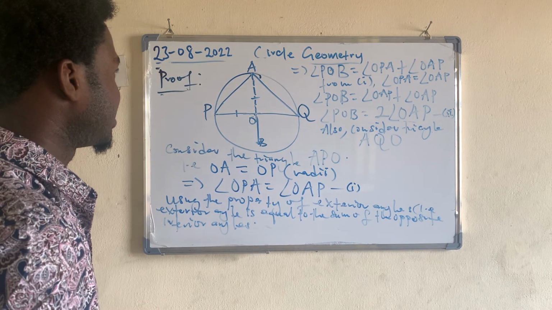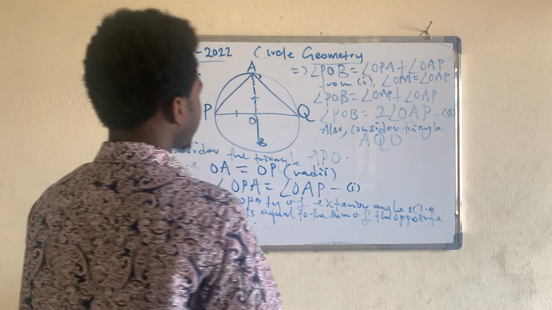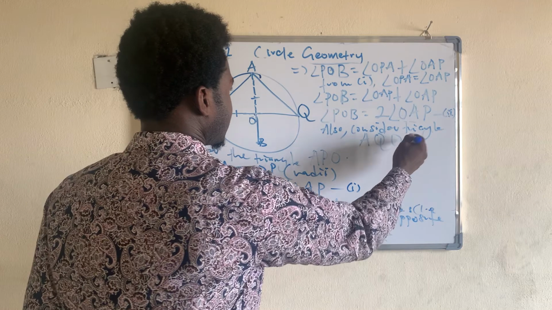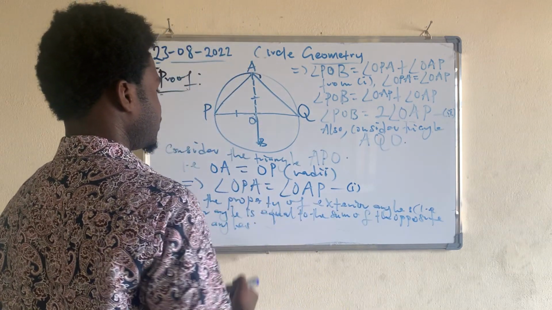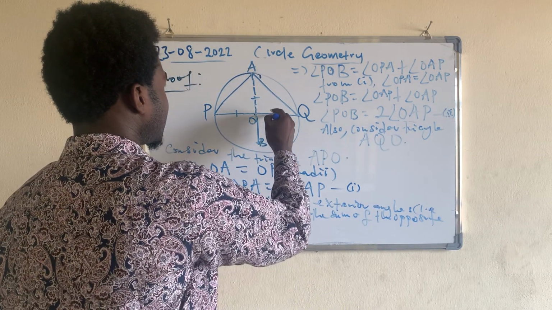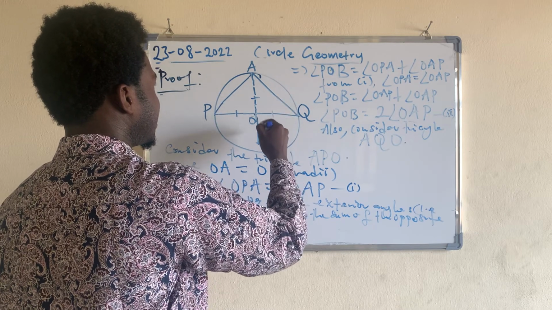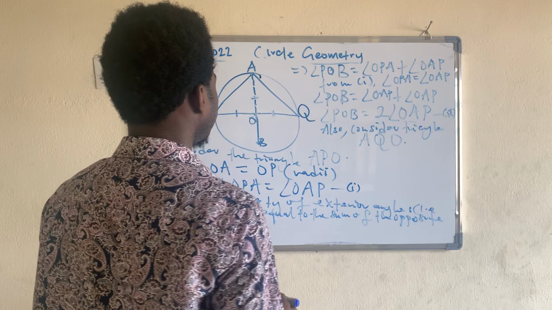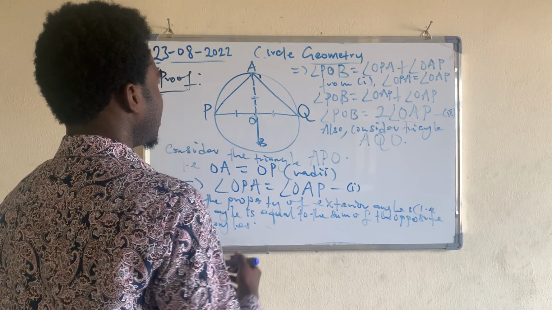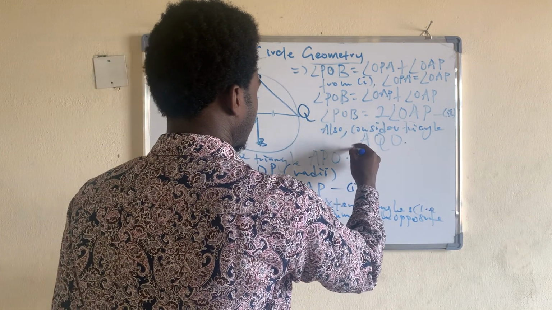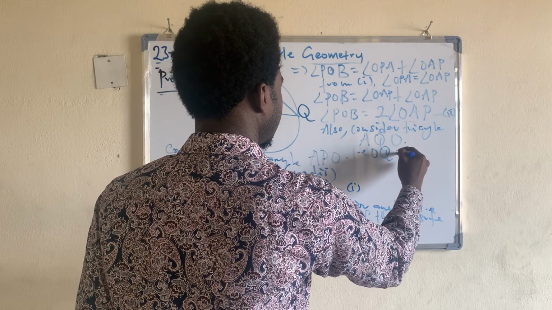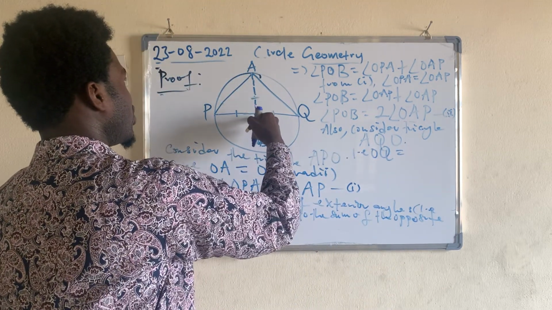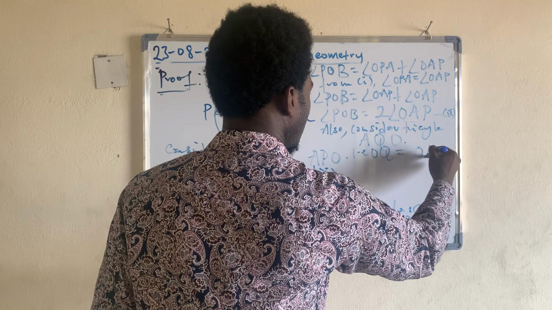If we consider this triangle AQO, then following the same process, you can see that this length is the same as this length. That is OQ is equal to OA.